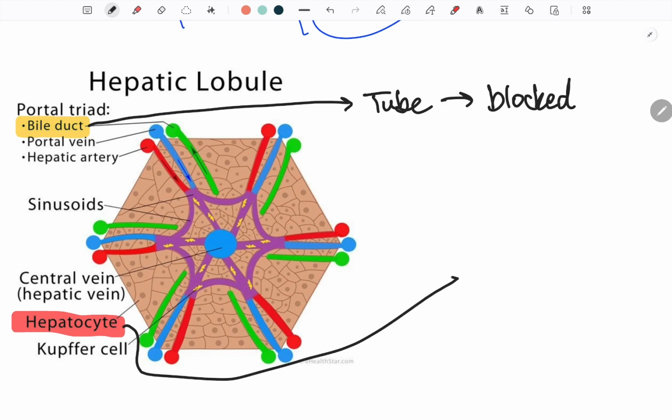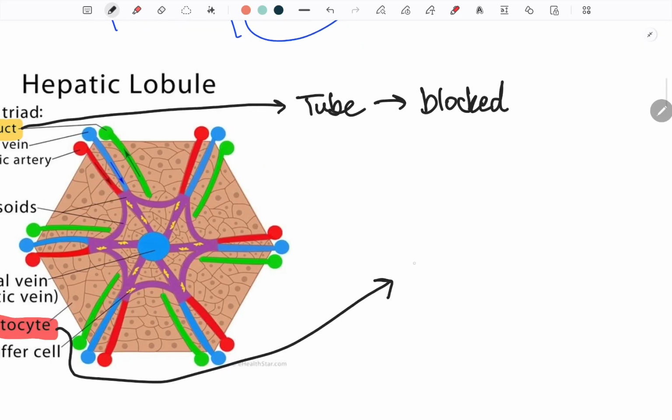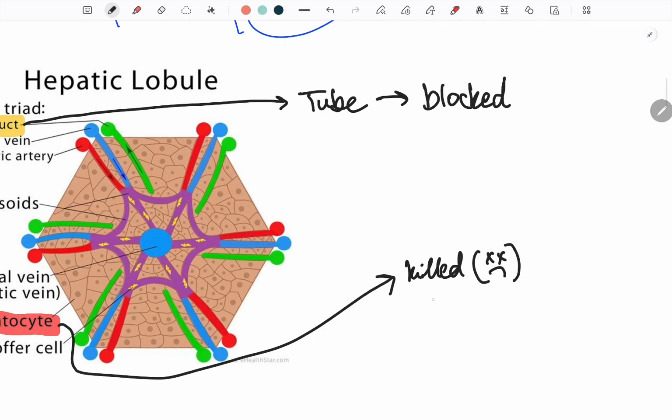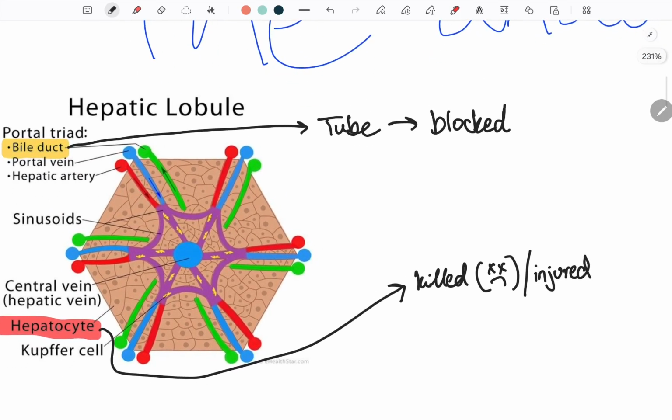With the hepatocytes, well, these can essentially be killed. They are lost in battle trying to keep the body alive, and we call this either hepatocyte death, or if they get injured, hepatocyte injury. So with these two things in mind, this is how the anatomy can be affected.